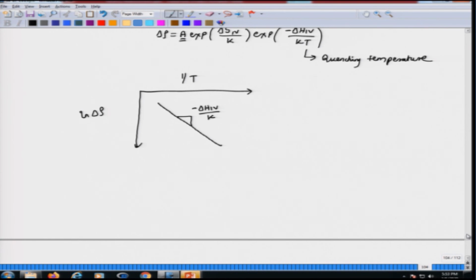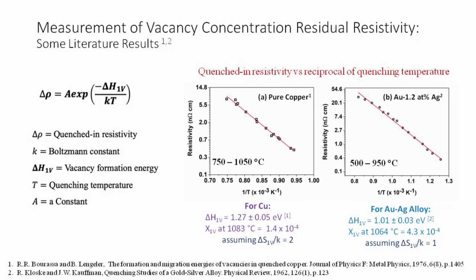So, let us look into some of the literature data. I have shown the results from a couple of papers here. The first one is from Bourassa and Lengler, who measured the vacancy concentration by residual resistivity measurement in pure copper, and they used quenching temperatures in the range of 750 to 1050 degrees centigrade.